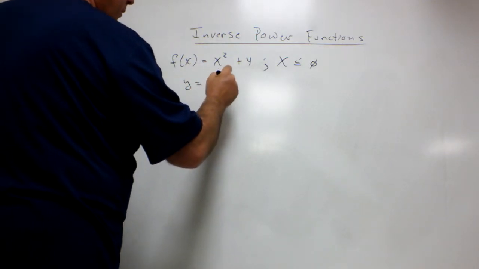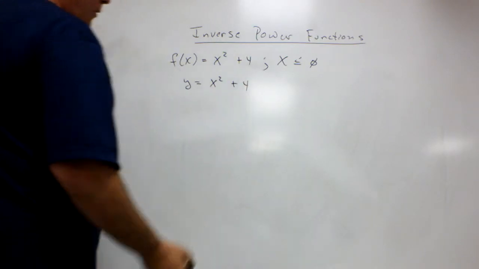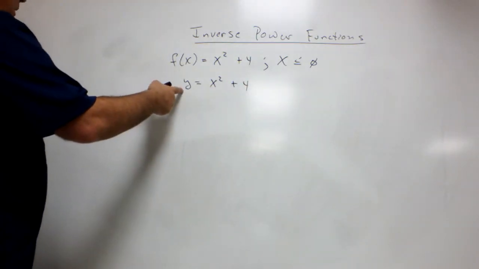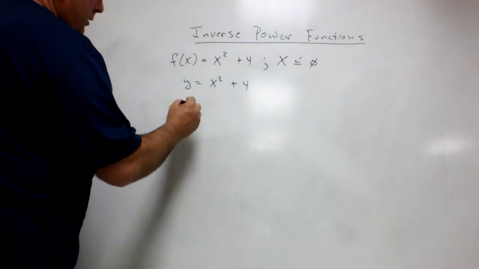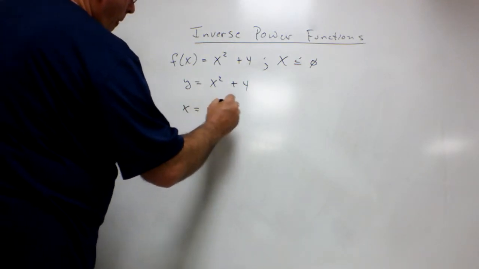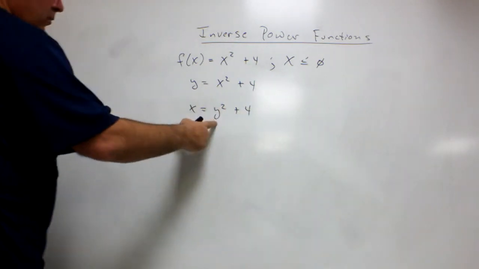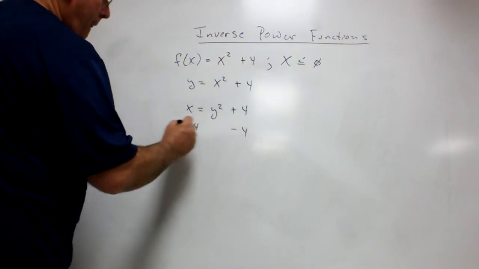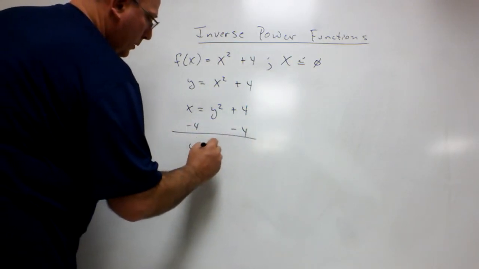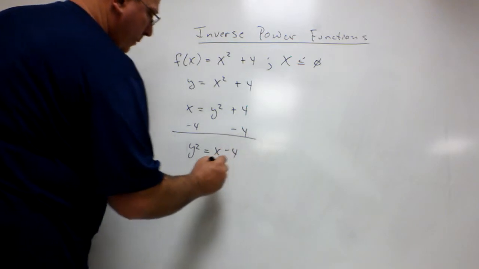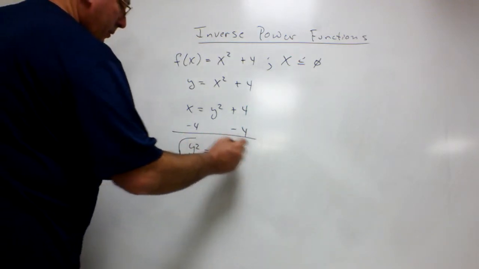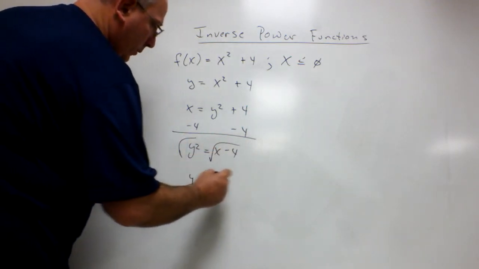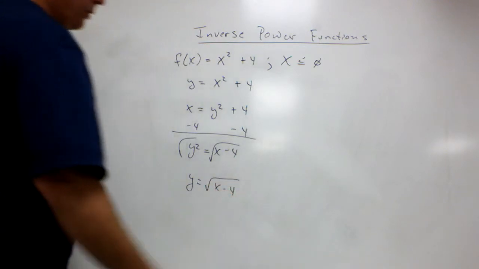Remember, we let y equal x squared plus 4. We change f of x to y, and then we exchange x and y's position. Then we solve for y, so we subtract 4 and get y squared equals x minus 4. Then we take the square root, so that y equals the square root of x minus 4.